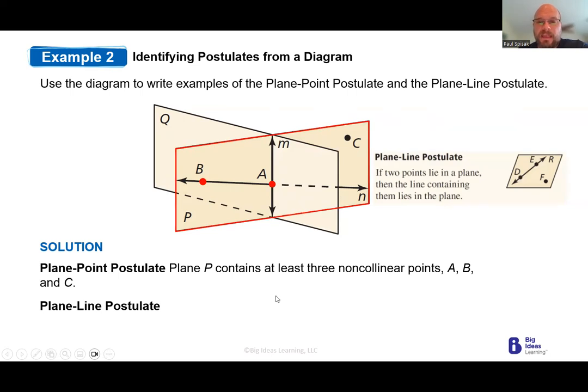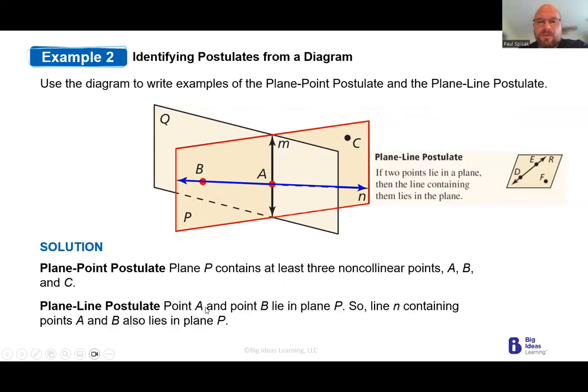They're both on plane P. So we have that line going through points A and B, and that line N must fall on plane P. All right, so point A and point B lie in plane P. So line N containing points A and B also lies on plane P. Now, I think I did make a mistake a few seconds ago when I was talking about plane point postulate. I think I accidentally called this plane N. Again, N was a lowercase letter, so the name of this plane is actually plane P. So I just want to make sure I corrected myself.